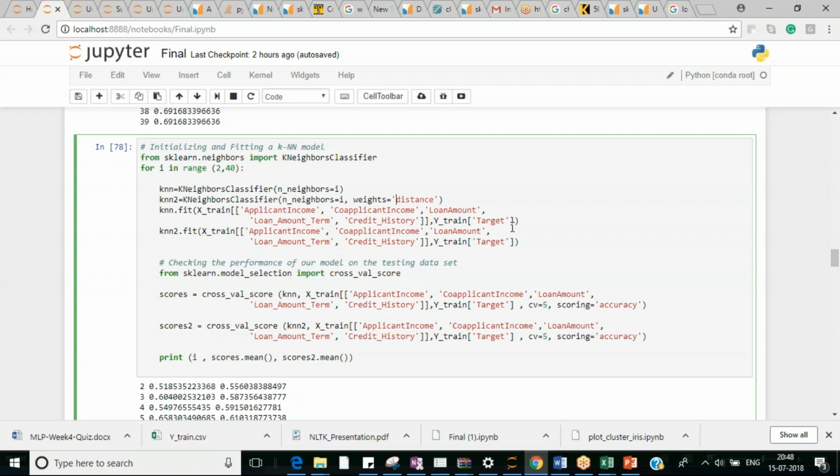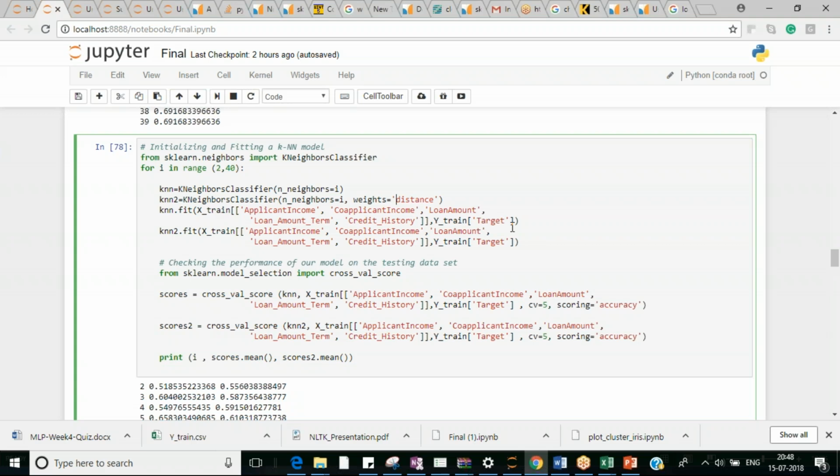When we were building a KNN, we didn't discuss this. In a KNN model, we were taking the distances from the points, finding the closest neighbors, and taking an average or the majority vote of those neighbors, right?